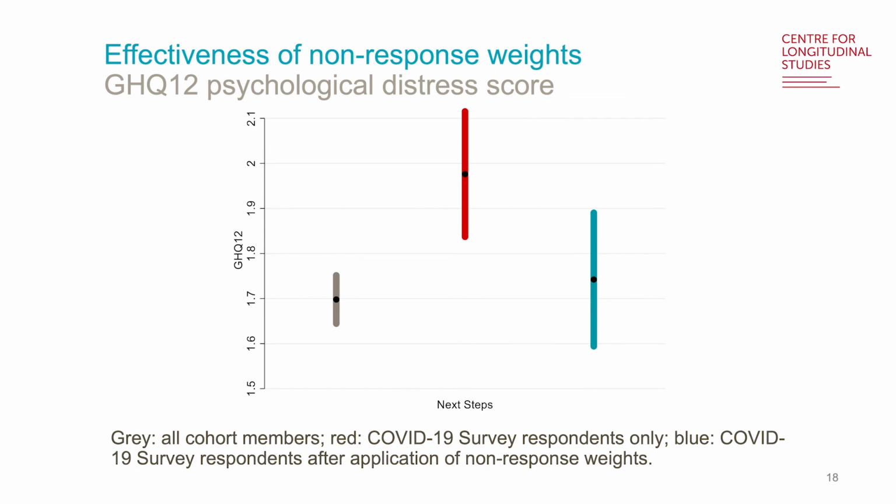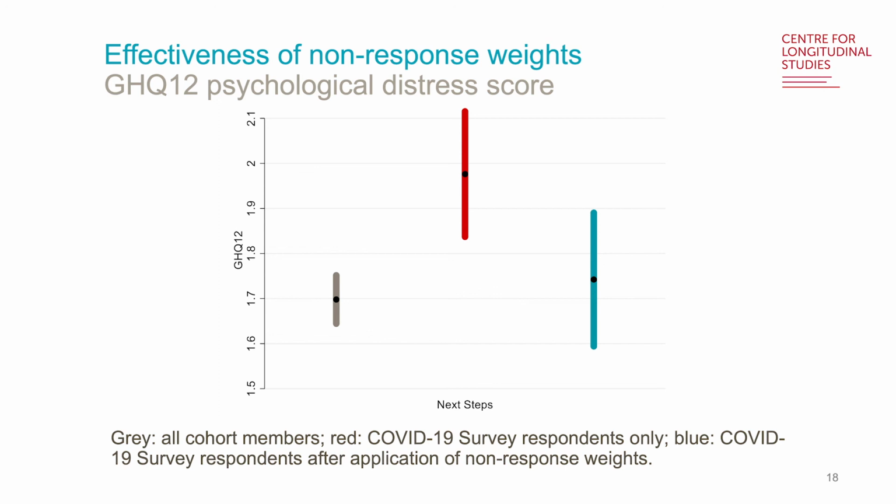Although in the previous slide, for Next Steps, the application of the non-response weights didn't seem to completely remove the bias with respect to sex, we have looked at this in a number of other variables, and we see that in other variables it does perform better in Next Steps. So this is looking at psychological distress score derived from GHQ-12, just mean GHQ-12 here, assessed at baseline in Next Steps, so in adolescence.